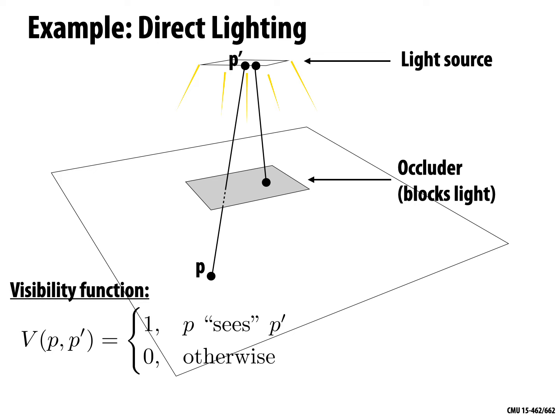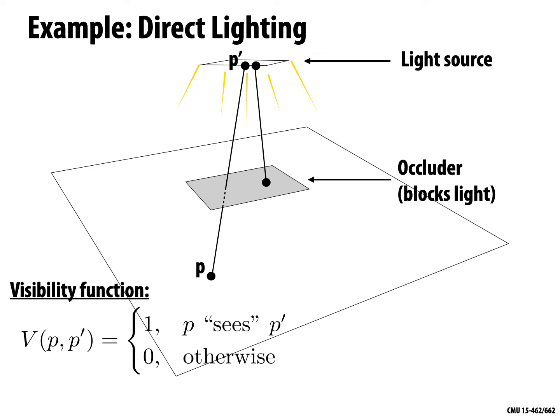Now, one thing we haven't talked about so far, but is obviously really important for generating an image, is the issue of visibility. If I have a point P on the ground, and I'm trying to determine how bright it is, then I care very much about whether a ray that goes from that point to a light source hits anything else. Or maybe more physically, if I imagine I have points on the light source, they're shooting out photons.